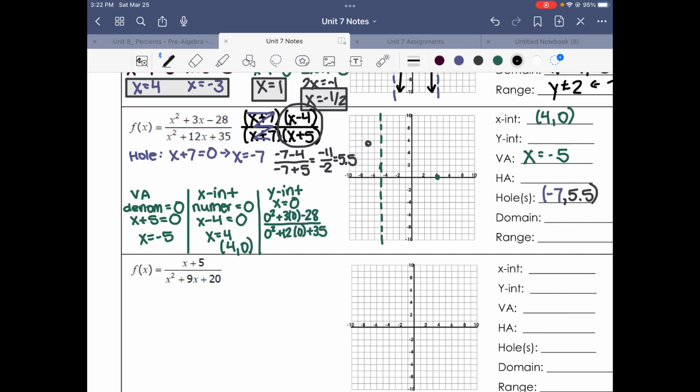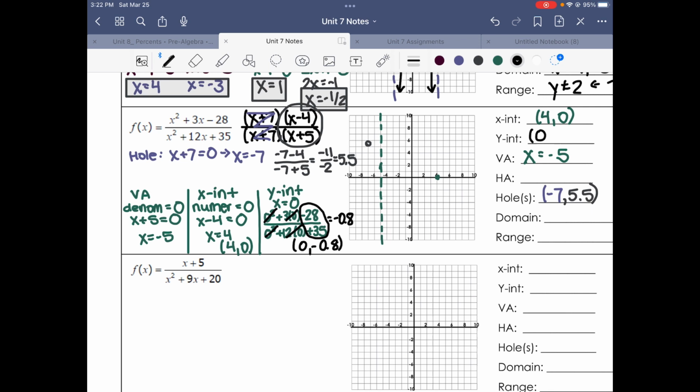And the whole idea behind the y-intercept is all of these zeros just make 0. So really I just need to do negative 28 divided by 35 in a calculator, which is actually negative 4/5 or negative 0.8. So my y-intercept would be the point (0, -0.8).